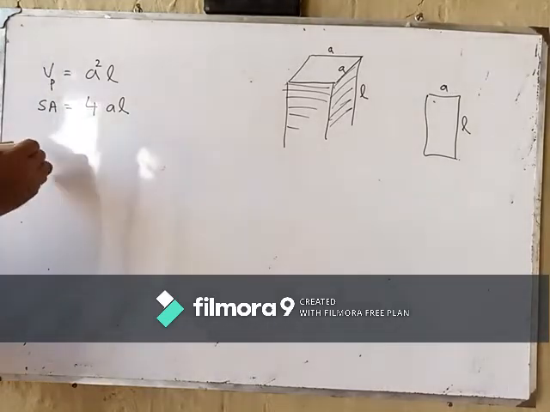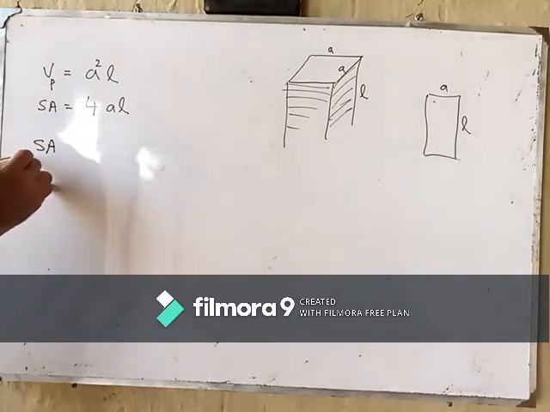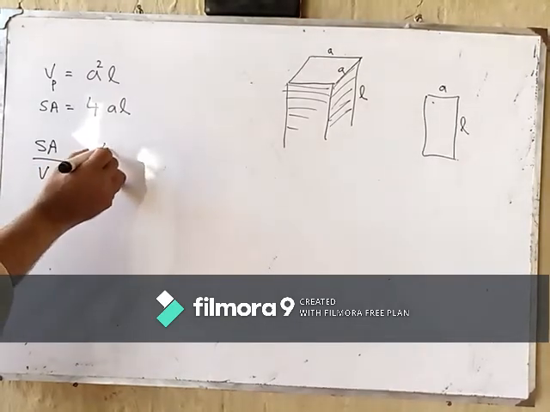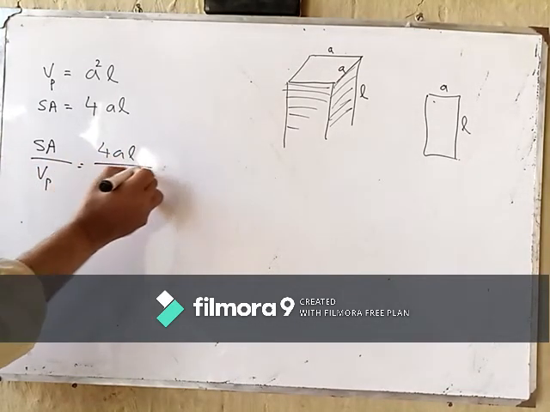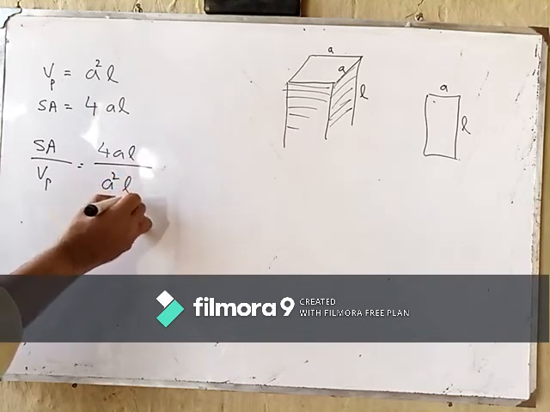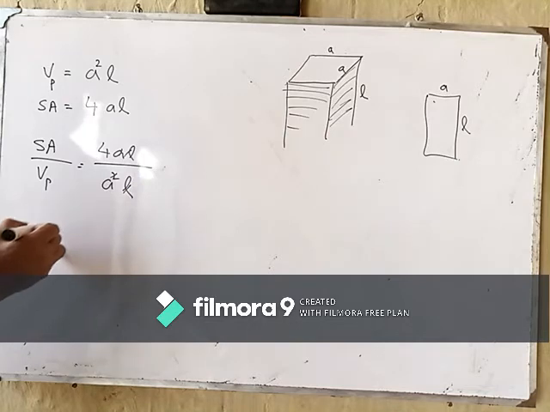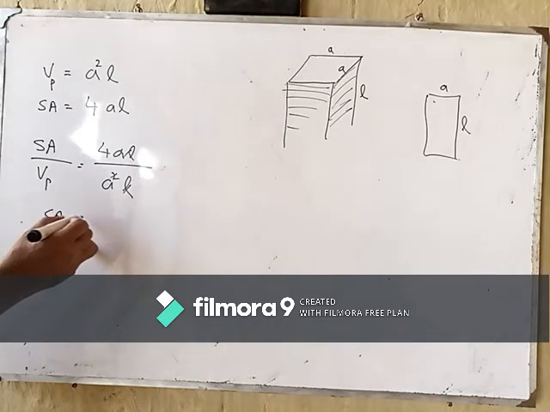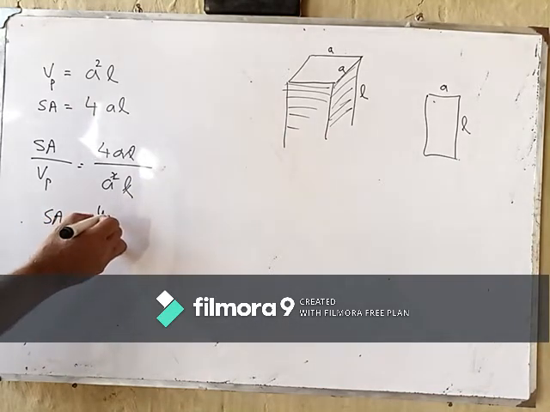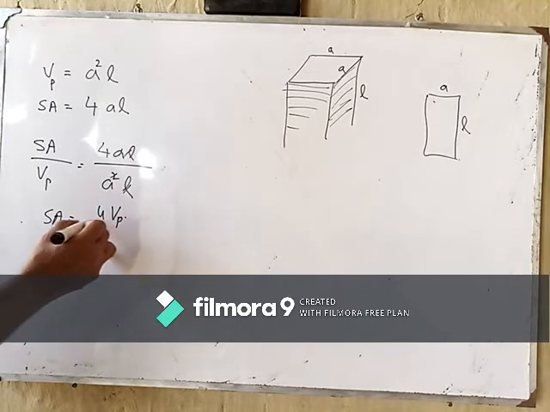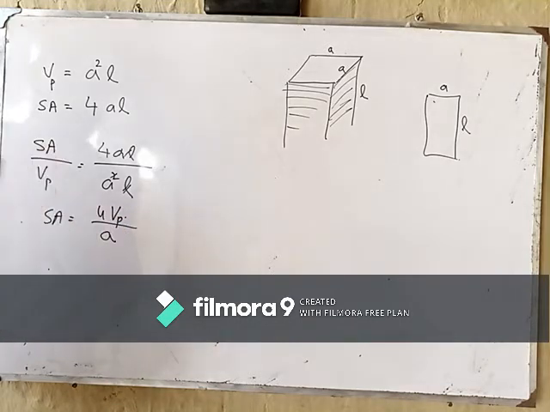तो रेशो सरफेस एरिया डिवाइडेड बाय वॉल्यूम इज इक्वल टू 4aL divided by a square L. L खत्म हो जाएगा, a भी खत्म हो जाएगा, तो सरफेस एरिया इज इक्वल टू 4 वॉल्यूम divided by a.